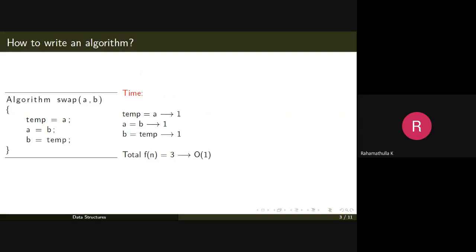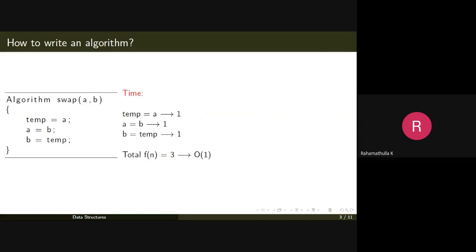We don't consider how complex the statement is, how many variables are included, or how many different operations are being done, etc.